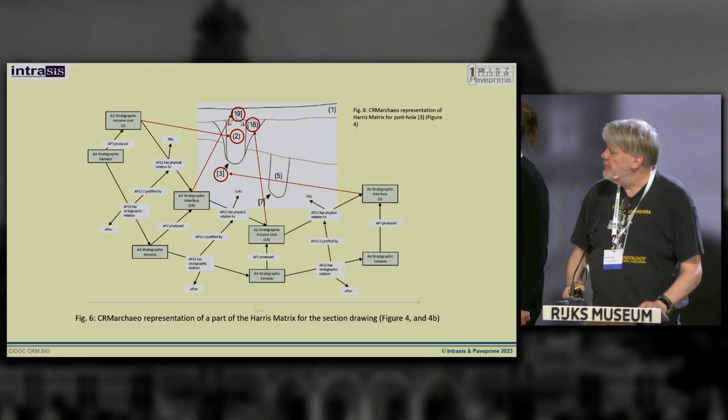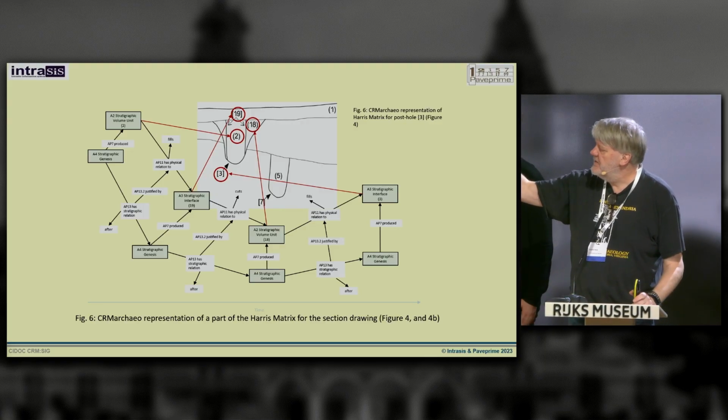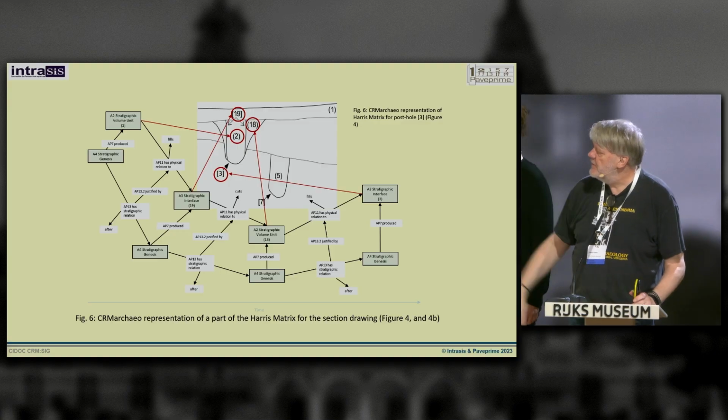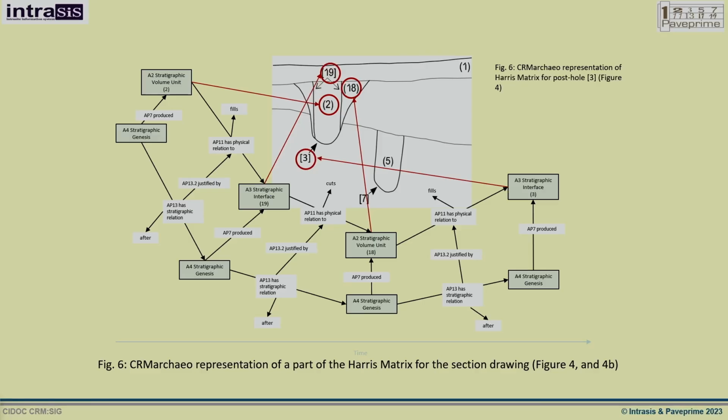So here's an example from the classic Harris matrix type process. We've got a series of stratigraphic volume units, a combination of interfaces and lumps of earth, and then we have the physical relationships between those, which are on the top of the set of relationships. Here we are, physical relationships to each other.